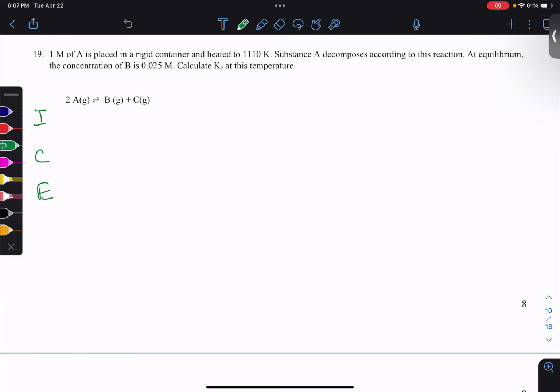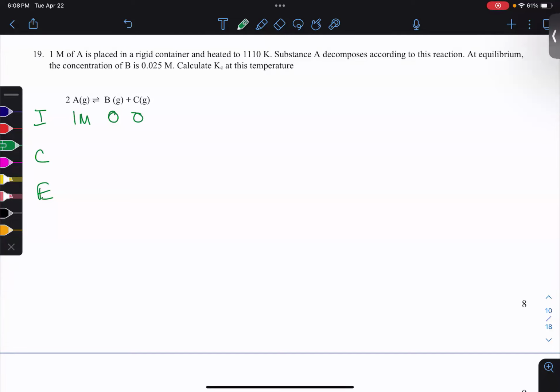You can't just assume that the concentrations I give you are equilibrium concentrations, unless I give you a pH. If I give you a pH, then that does represent equilibrium concentrations. But if I just tell you that you place 1 molarity of A in a container, that 1 molarity is in the initial line. So if there's 1 molarity of A, there is 0 of B and C.